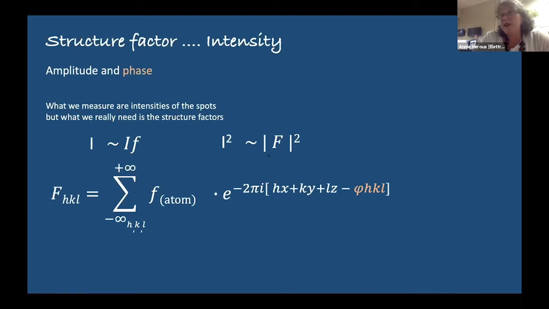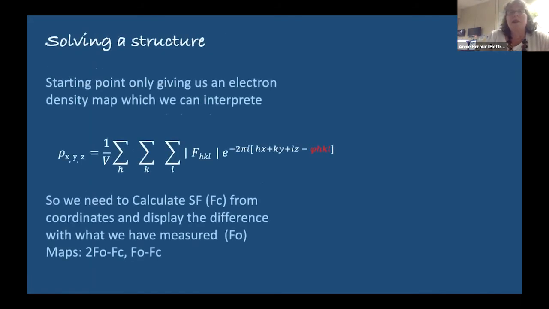And as Heinz also mentioned, we have what we call the phase problem. So we know we can measure the intensity, but it's a lot more complicated to figure out the structure factor, the contribution of the scattering of each atom for that spot. So this is the problem that we have to deal with.